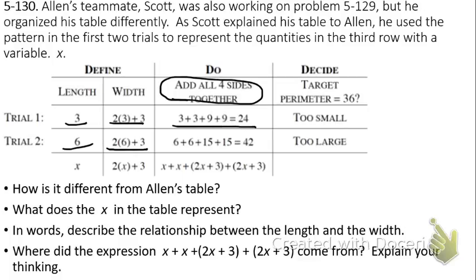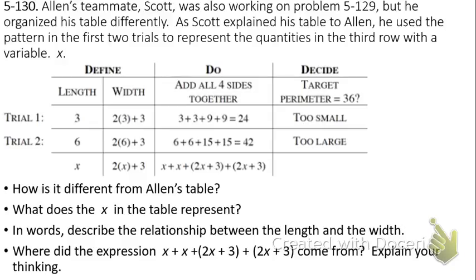So he's getting the same numbers, he's just using a different approach. So it does look to me like he's doing perimeter. He's just adding up all the sides. Both of them approached it in a slightly different way. But now I know what I'm doing with my length number. I've got to multiply it by 2 and add a 3.